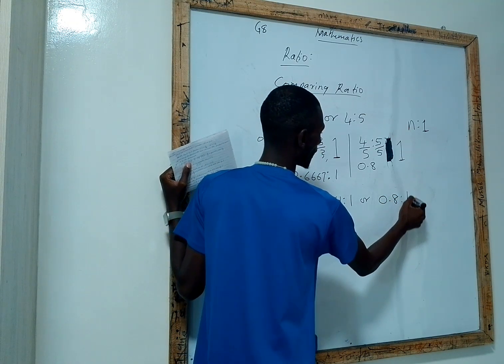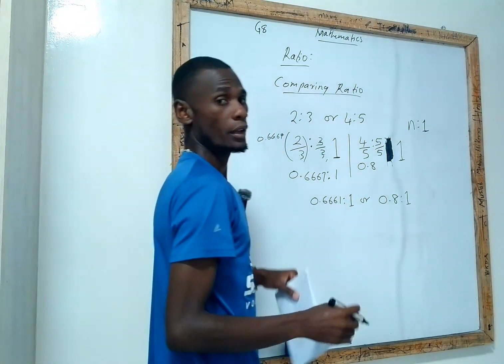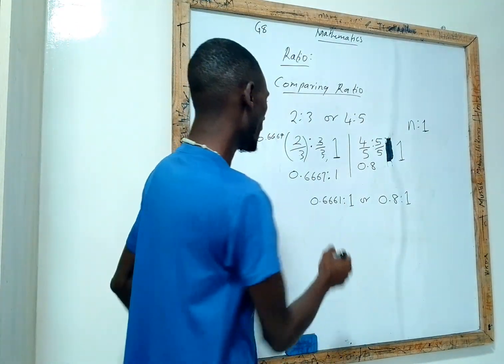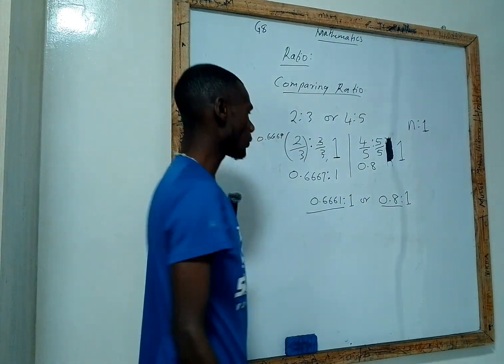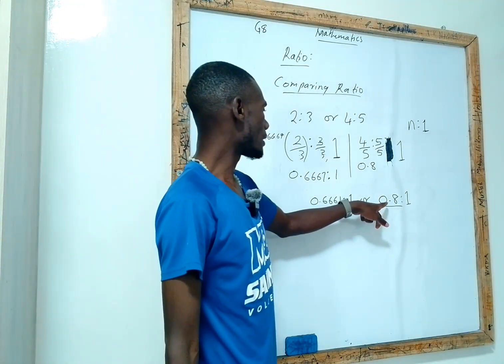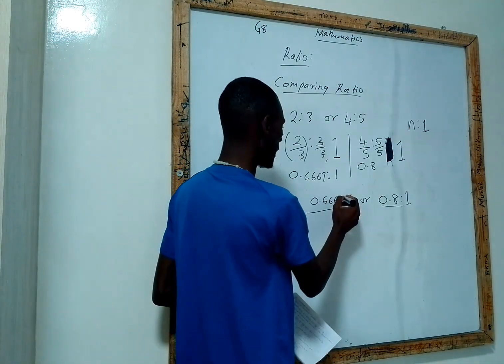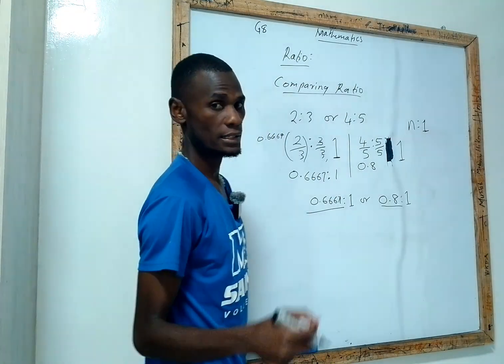So the only thing you compare is the numbers on the left hand side, these ones. This one is 0.666. This one is 0.8. So looking at that, 0.8 is bigger than 0.666.